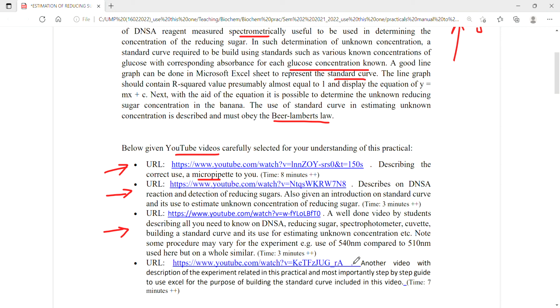For instance, I've already explained the absorbance setting is different compared to what we are doing in our experiment, but even though there is a slight difference in the absorbance set for the spectrophotometer, it is still able to read the maximum, either 540 or 510. But overall, it will give you an idea of what is done in the laboratory for this DNS assay.